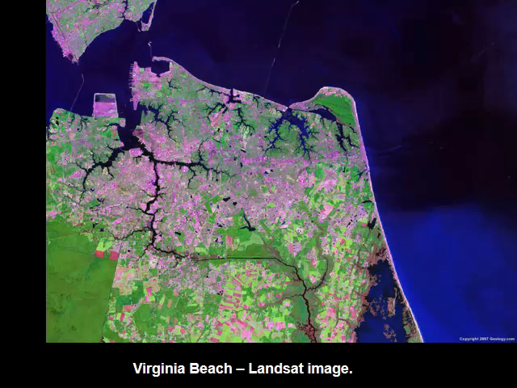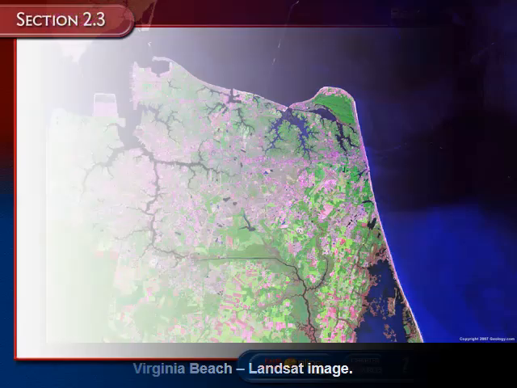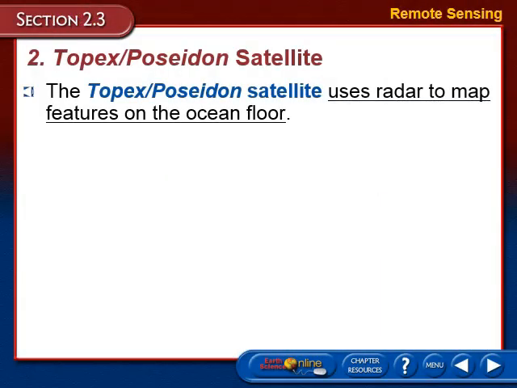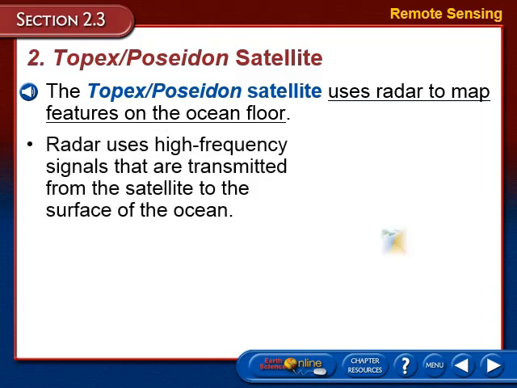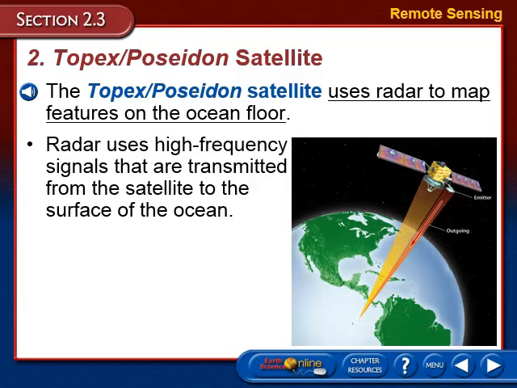As we go farther in, closer to a specific area, such as Virginia Beach, you can see that we start seeing a more vast array of colors. Another satellite is called the Topex, or also known as the Poseidon satellite, and this measures features on the ocean floor. And it's used very much like sonar, as you can see here.